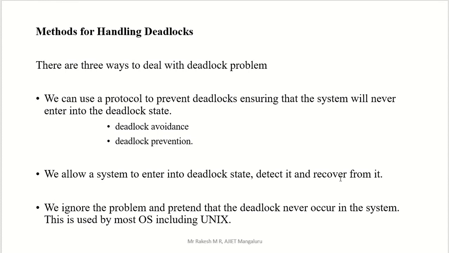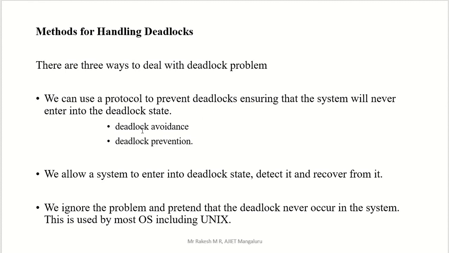That is the second method. But here we have to go for the prevention method. Prevention is better than cure, right? So initially we have to take prevention, ensuring that the system will never enter the deadlock state.